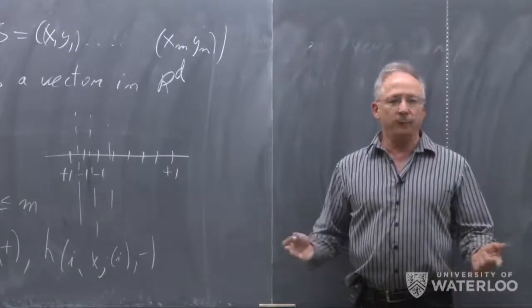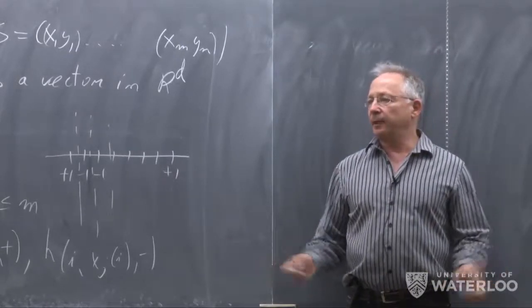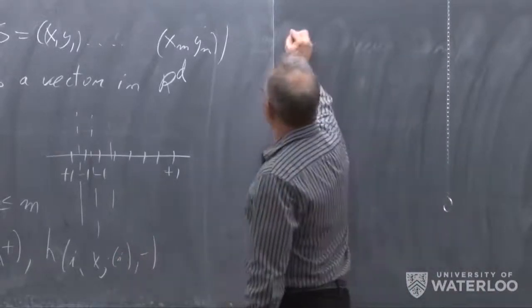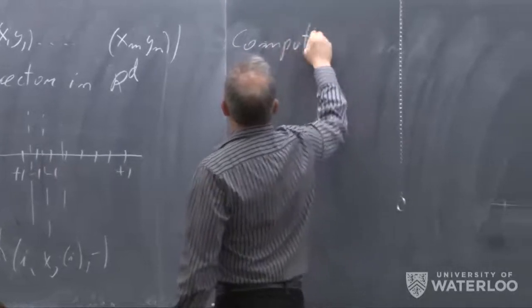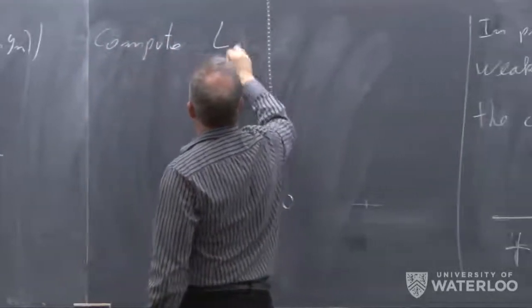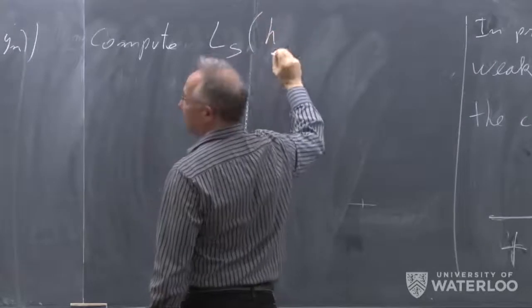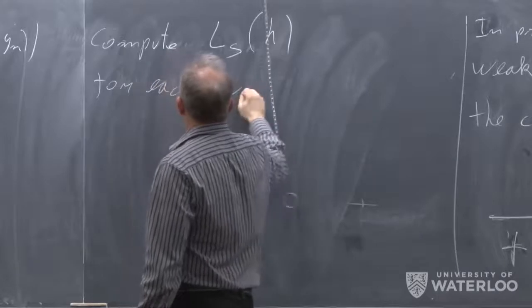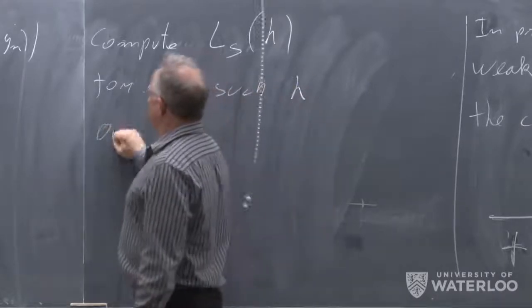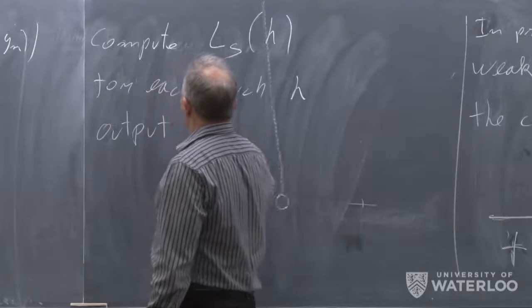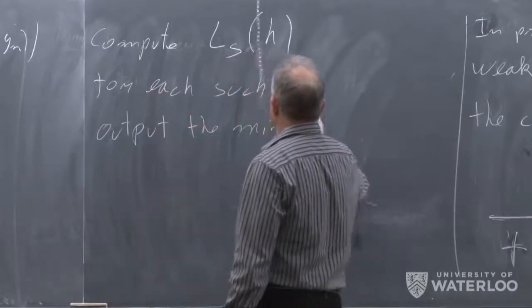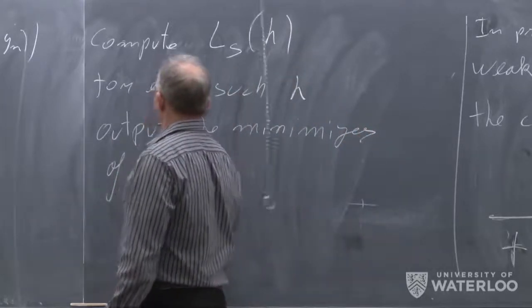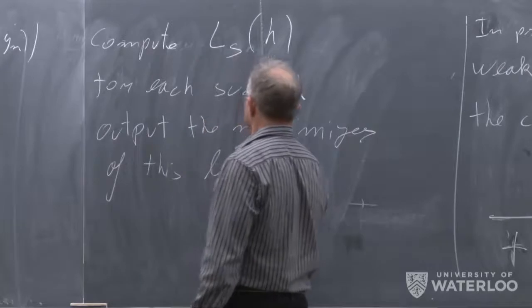So it will take me time, which is basically M squared times D. Because for every such hypothesis, all I have to do is compute the sample error of this h, and output the minimizer of this error loss.